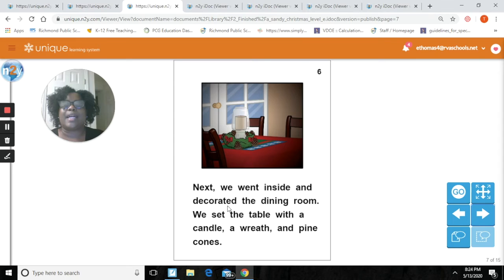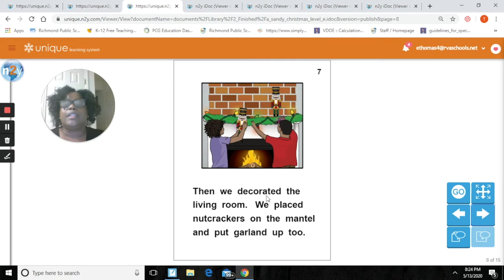Next, we went inside and decorated the dining room. We set the table with a candle, a wreath, and pine cones. Then we decorated the living room. We placed nutcrackers on the mantle and put garland up too.